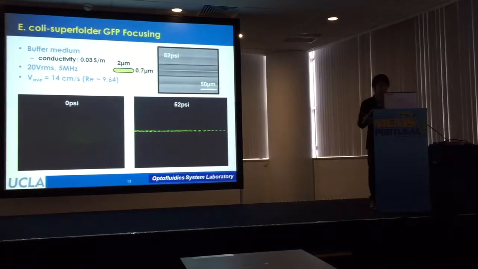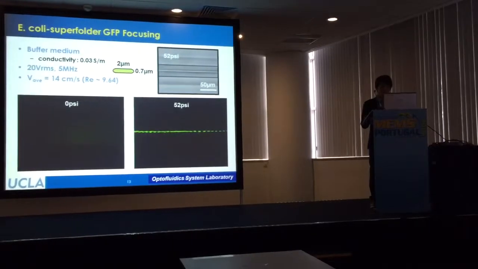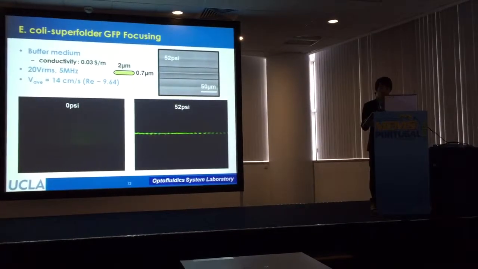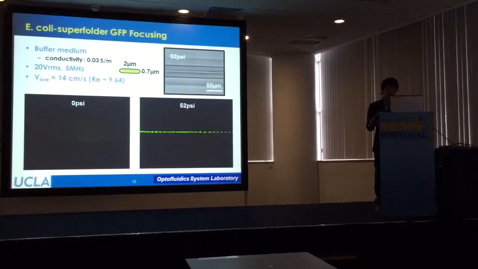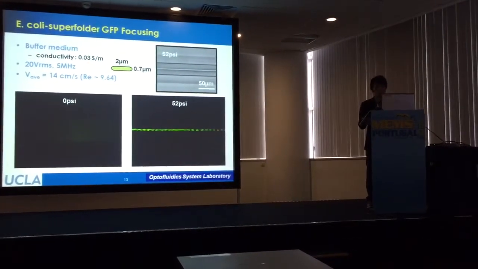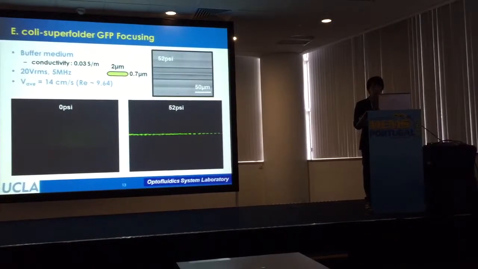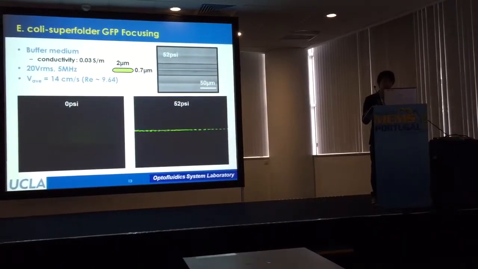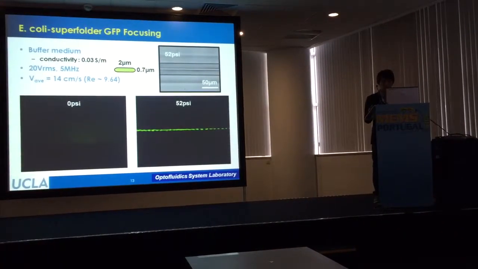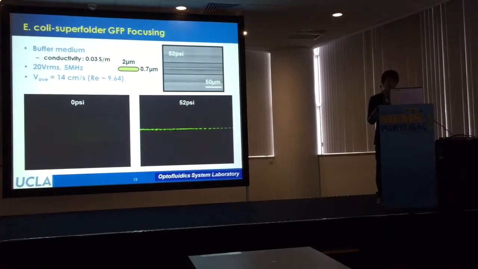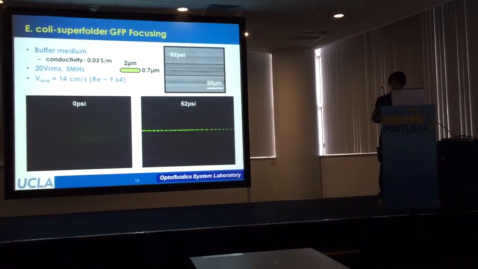But as the side channel pressure is increased to 52 psi, the sidewall gap is around 3 micron, and the bacteria were tightly focused and flowing along the flow. This is a proof that without increasing the voltage, we can still have a very tightly focused performance in high-speed flow by changing the cross-sectional shape of our channel.